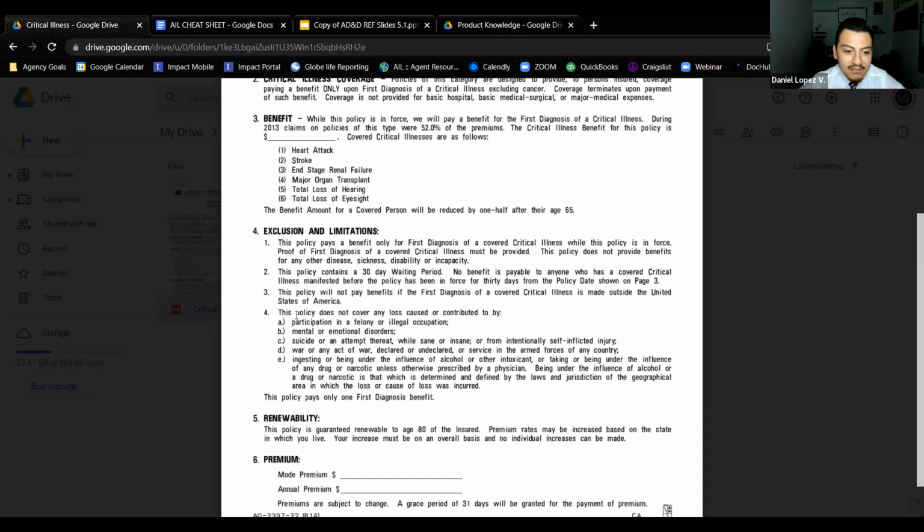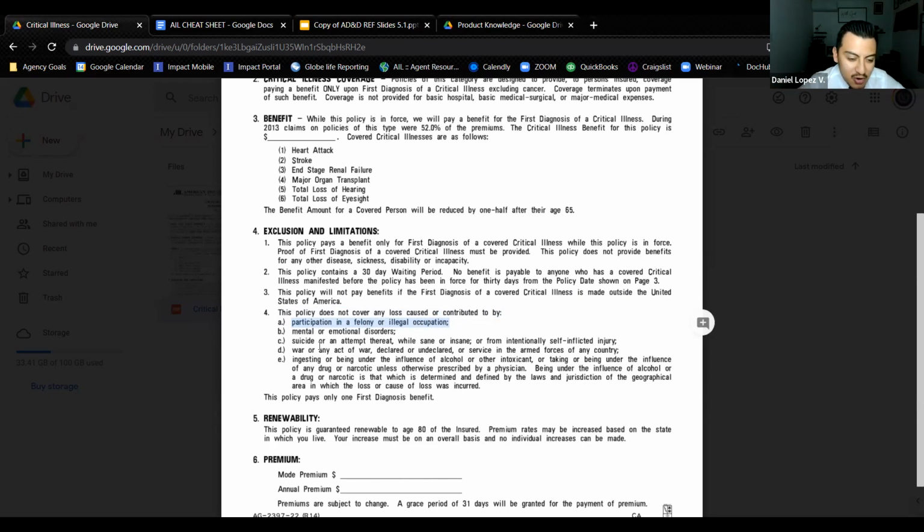So I'm assuming that's my explanation. Also, this policy does not cover any loss contributed by your participation in a felony or illegal occupation. So if you're robbing a bank and that gun happened to take your hearing because that gun was shot in front of you and you're the one robbing a bank, then it's not going to pay out.